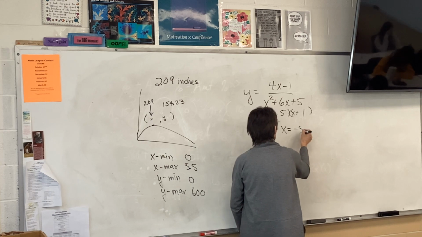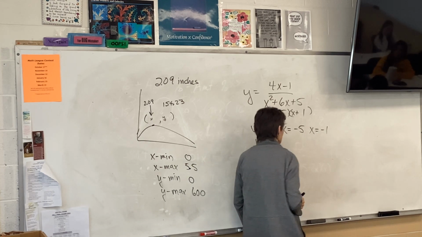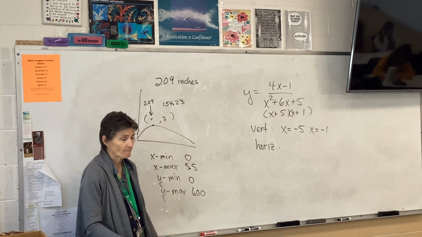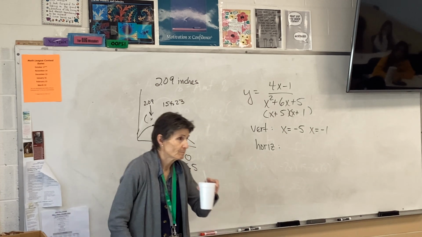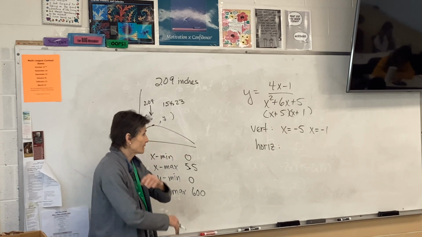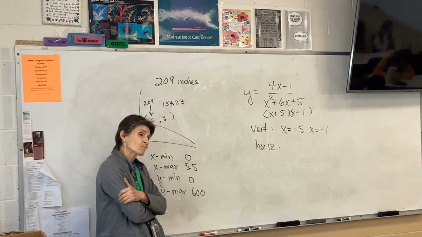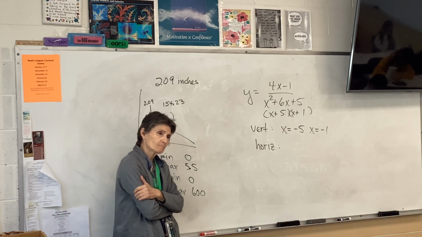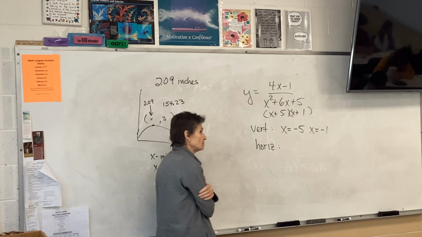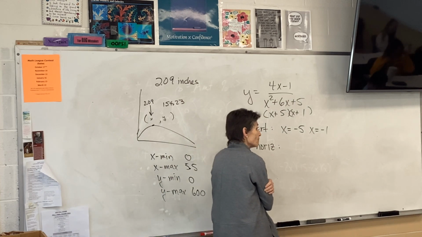X equals -5, X equals -1. Where do vertical asymptotes come from? The denominator. What about the horizontal? Where does it come from?